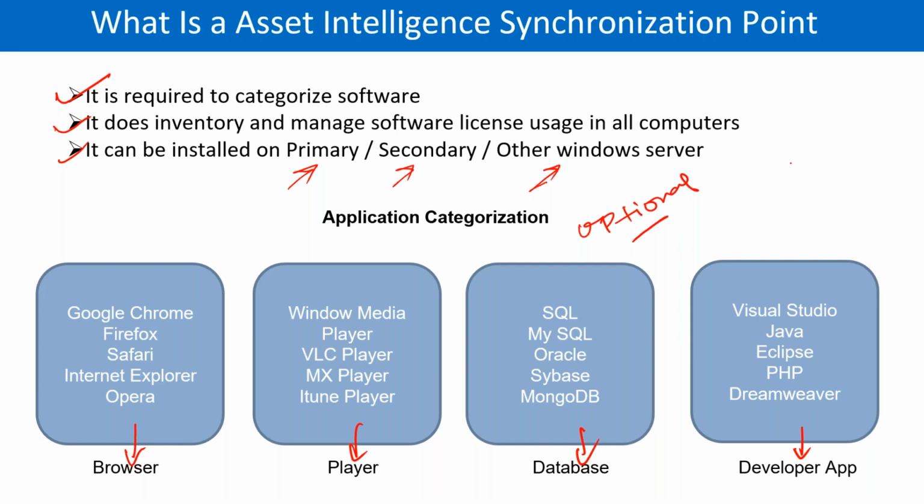Suppose you purchase an Adobe Acrobat license, for example. How many licenses did you purchase? For example, 1000 licenses. You need to import the 1000 licenses into the SCCM asset intelligence synchronization point component. When you import the licenses, SCCM knows that you have 1000 Adobe licenses. Now it will give you a dashboard. Let's say you started giving licenses to people. Somebody called the help desk and you gave a license.